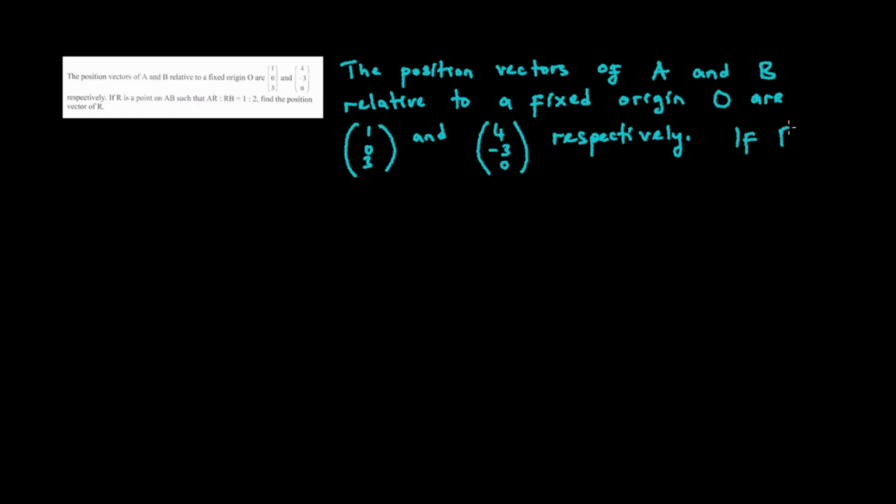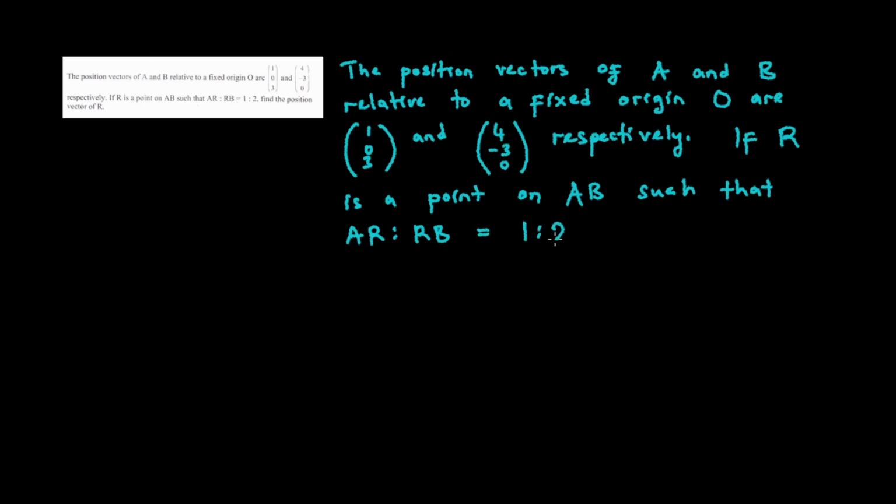If R is a point on AB such that AR RB is equal to 1:2, find the position vector of R.